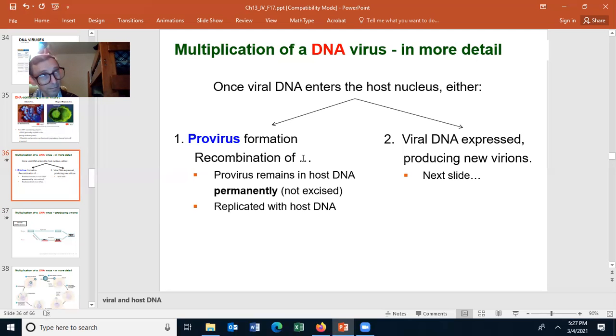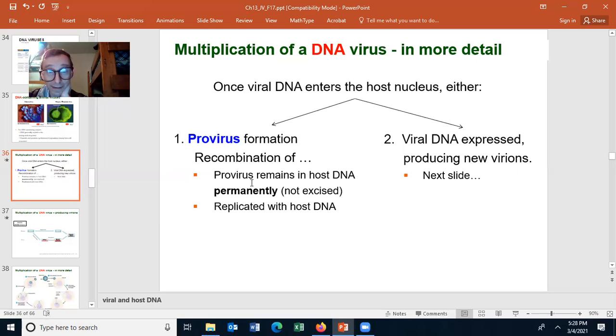Is that true? Let me think about that. No, that's not true either. Let me reword that. I didn't quite word that right. The provirus replicates when the host DNA is replicated. Okay?